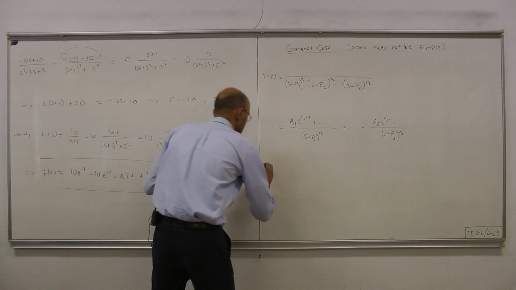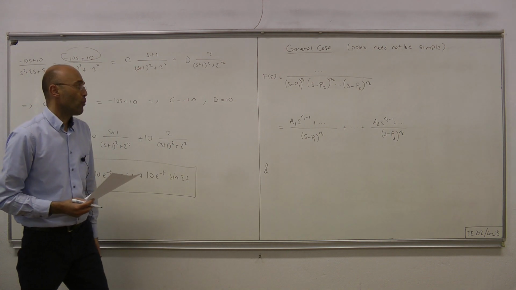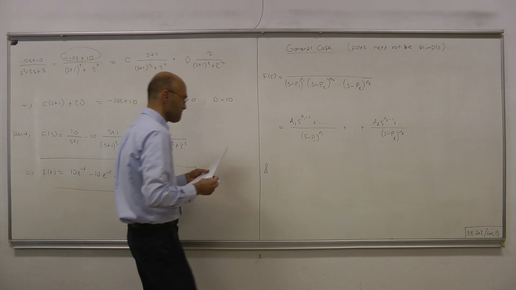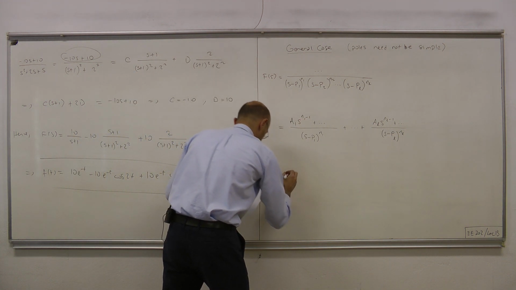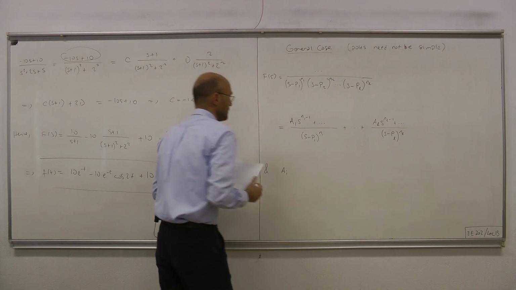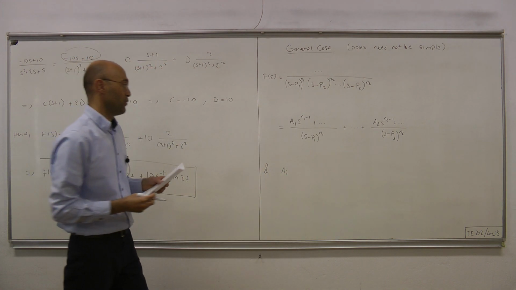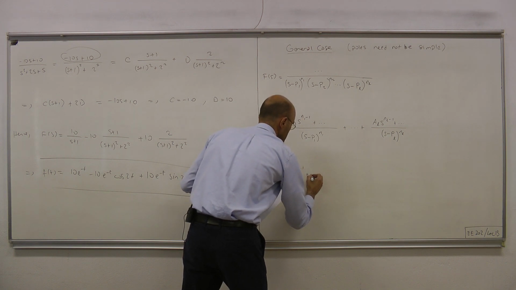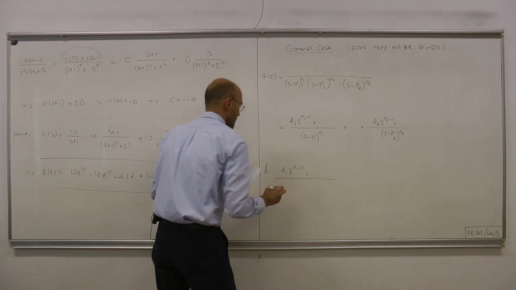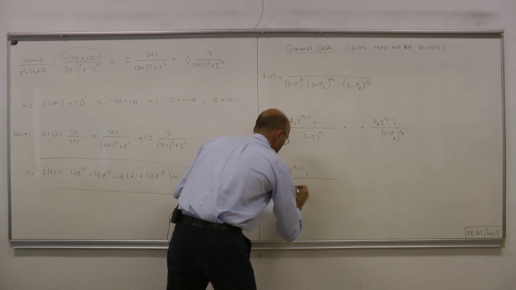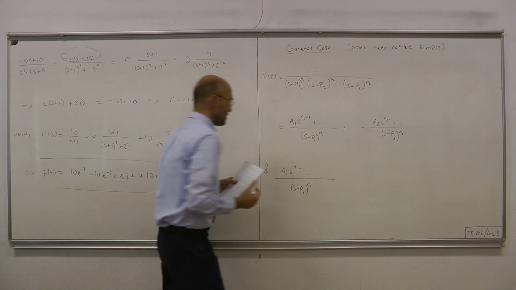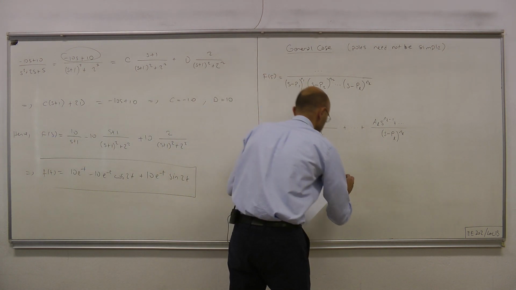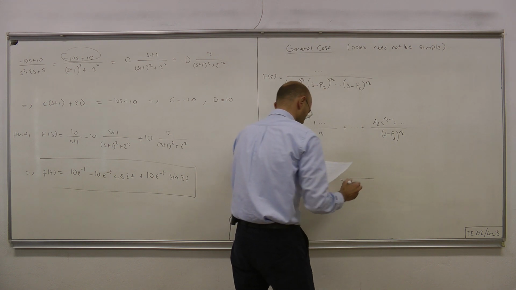And for that, we have to observe that this term, or any term, can be written as, let's concentrate on the ith term, Ai s to the Ni minus 1 plus so on over (s minus pi) to the Ni. So the ith term can be decomposed into following simpler terms.